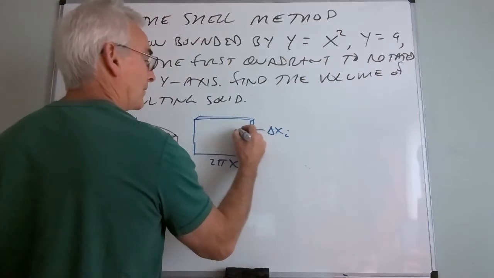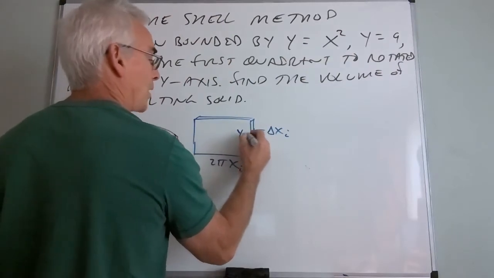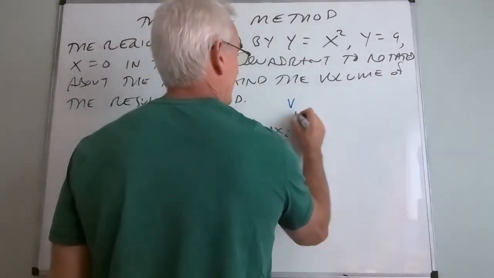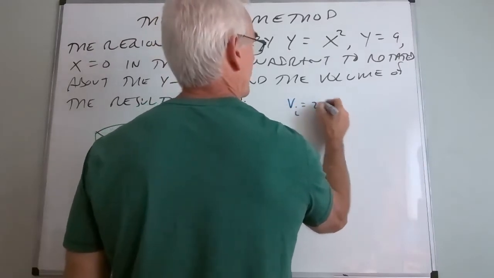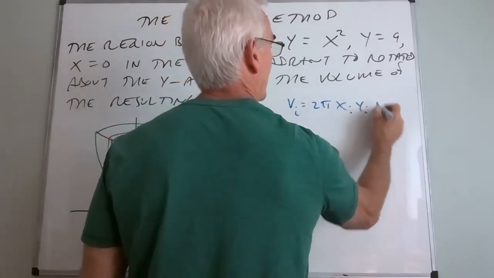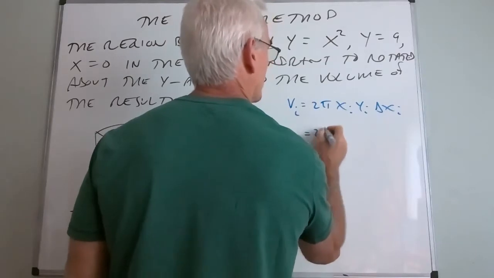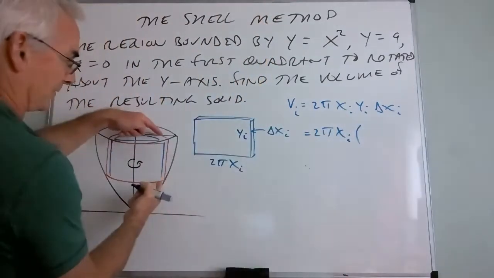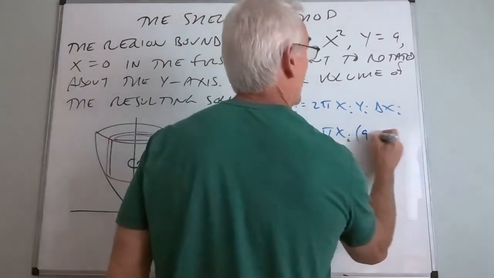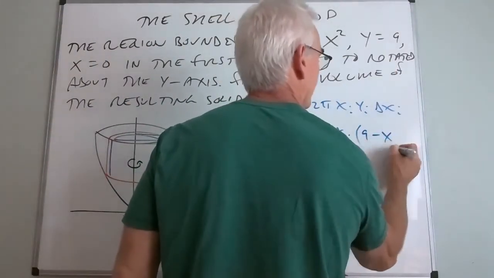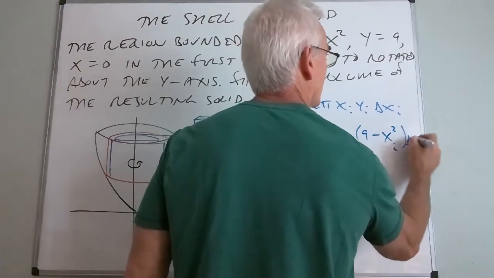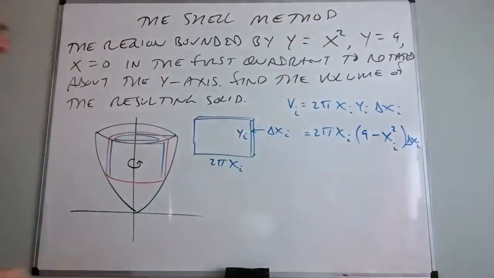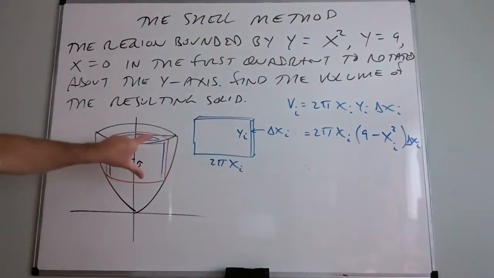Okay, so if I just generically call this yi for a moment, and we said our volume is 2 pi xi yi delta xi, well, that's going to be 2 pi xi times the difference, so 9 minus x squared, because that's what that height would be.